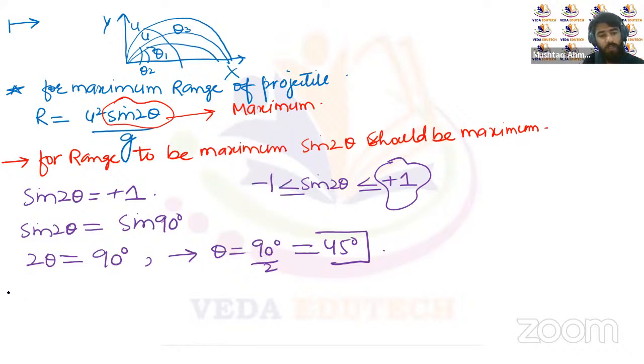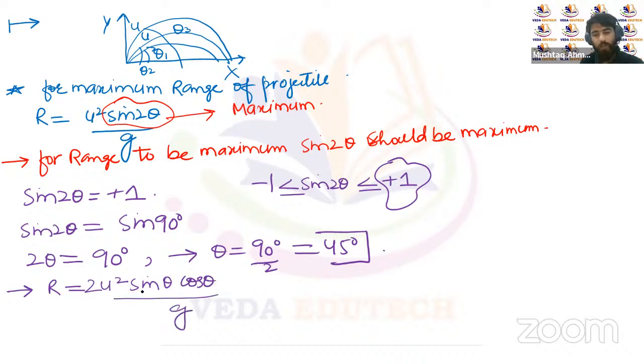And one more point is that, suppose that our range is equal to twice u square sine theta cos theta over g, right? Let's suppose that we have a projectile. We're projecting a projectile at two different angles, right?